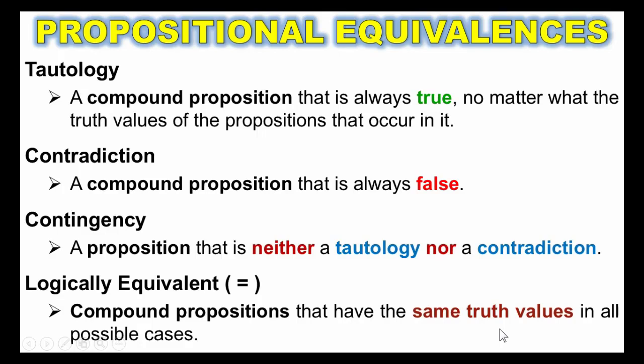It is a compound proposition that is always false, no matter what the truth values of the propositions that occur in it. A contingency is a proposition that is neither a tautology nor a contradiction. Logical equivalence, symbolized by the equal symbol, means compound propositions that have the same truth values in all possible cases.